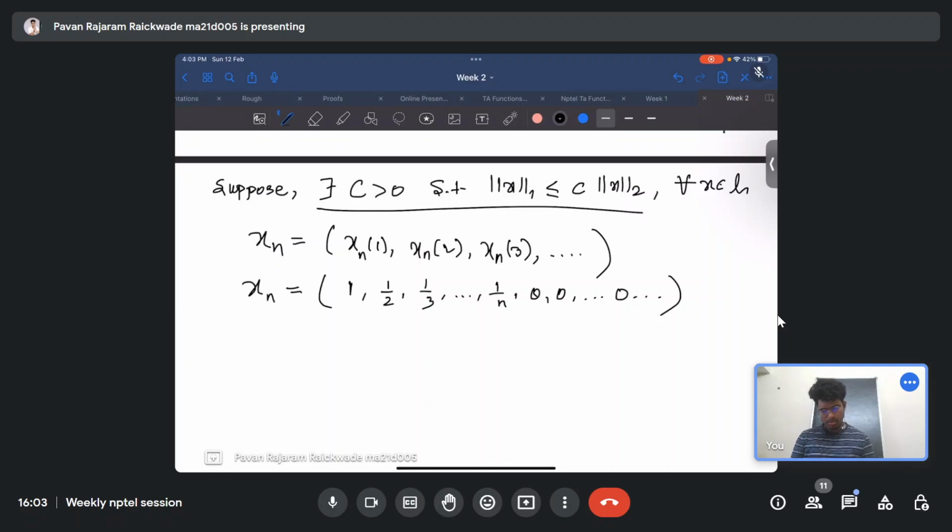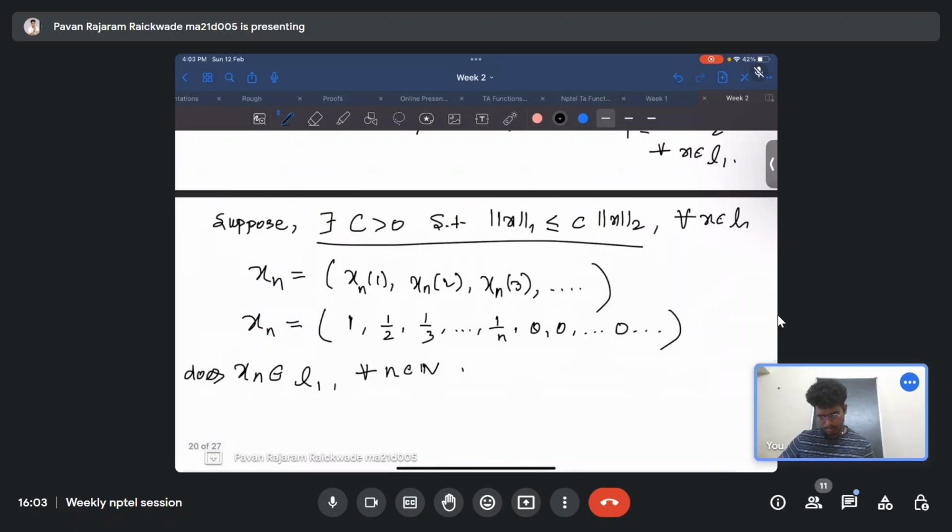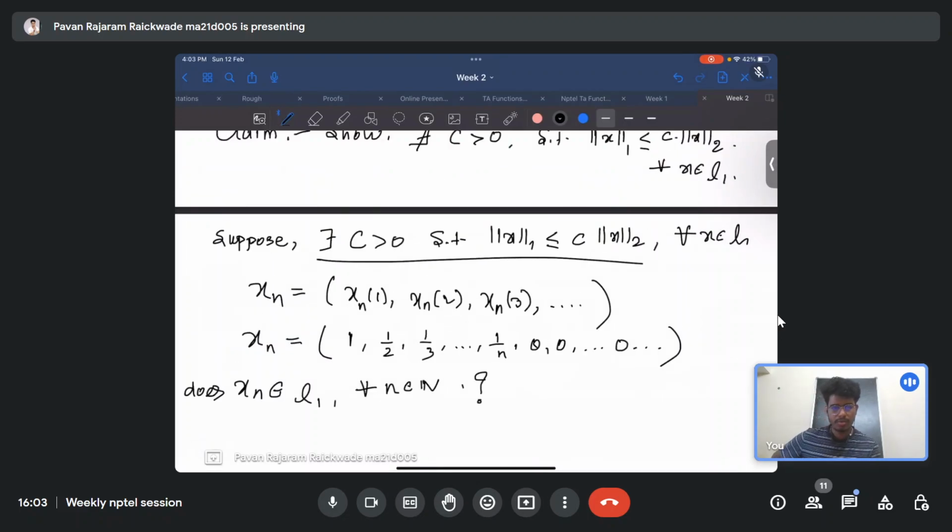So does this belong to L1? That's the question: does xn belong to L1 for every n belongs to natural numbers? What is meant by belonging to L1?